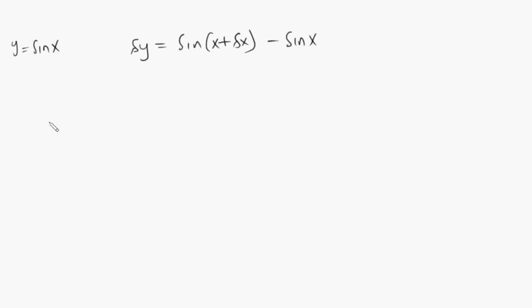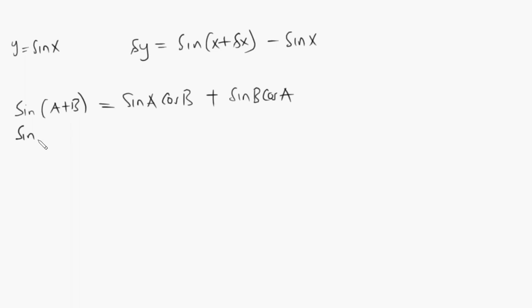Remember in your form 4 you studied the trigonometric ratios of compound angles like a plus b. Sine of a plus b is sine a cos b plus sine b cos a.